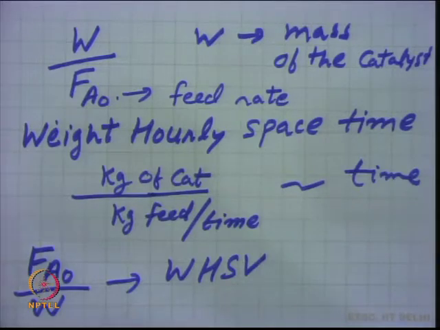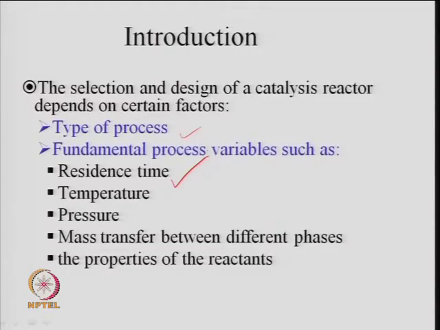If we define it in terms of the mass of the catalyst in the bed, then it is known as weight hourly space velocity. This becomes a very important parameter in the scale up of a reactor or design of a heterogeneous catalytic reactor or even a homogeneous catalytic reaction.